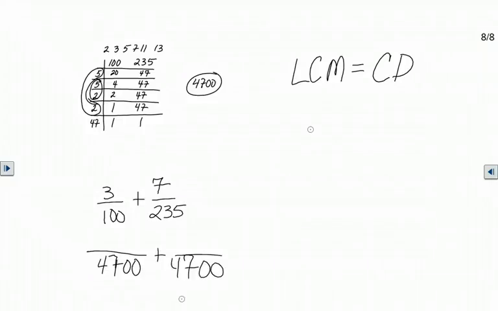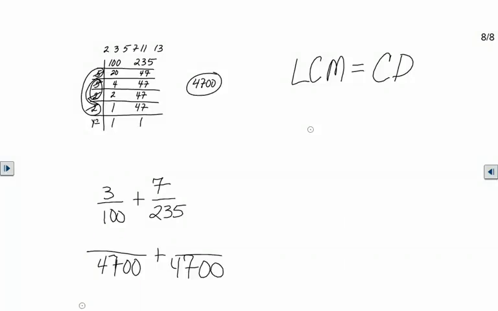Now what do you have to do after you find the common denominator? You have to convert the what? The numerators. Now watch this. This is really neat. How many times will 100 go into 4,700? Well, let's say you have no idea. Take out the 100. How many times? 47. 47 times 3 is 161.